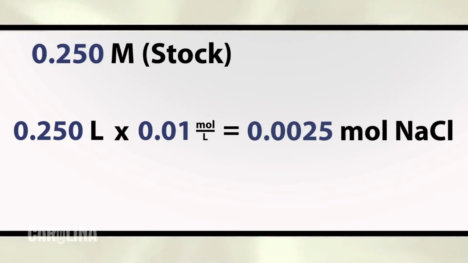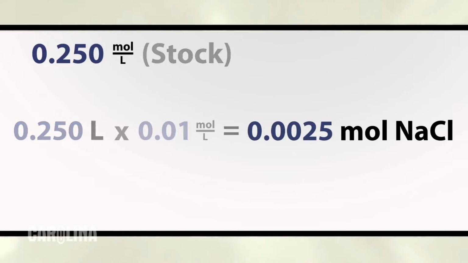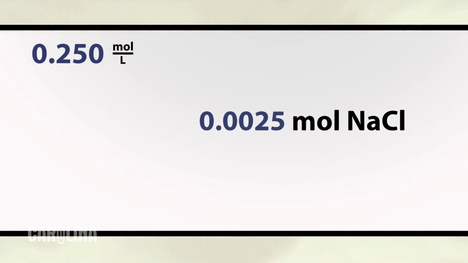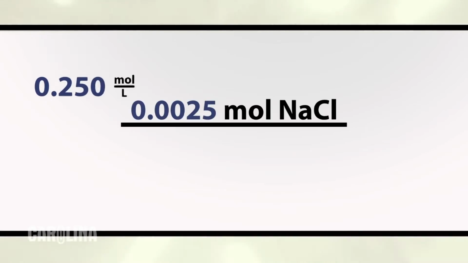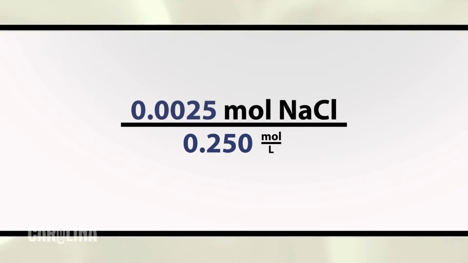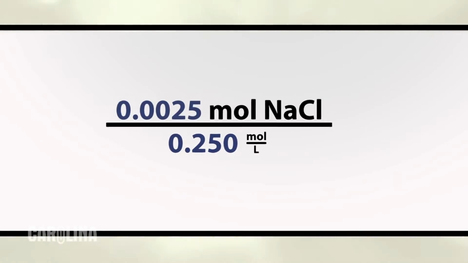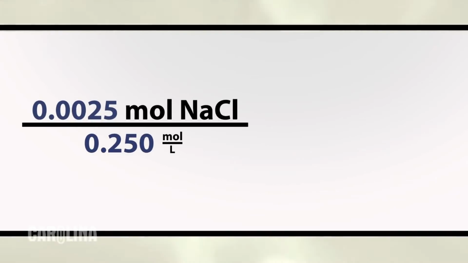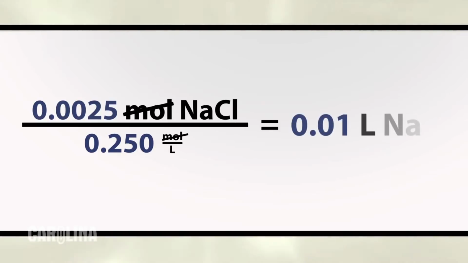Knowing our stock solution contains 0.25 moles per liter, we can take the number of moles needed in our dilute solution and divide by the concentration of our stock solution to calculate the exact number of milliliters that must be transferred into our new solution. In this case, 0.01 liters of sodium chloride solution, or 10 milliliters.